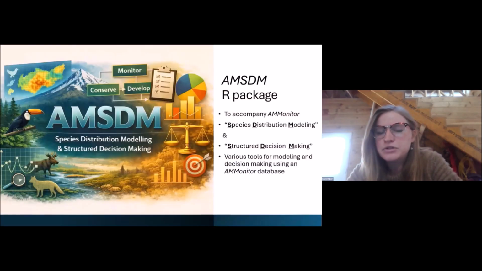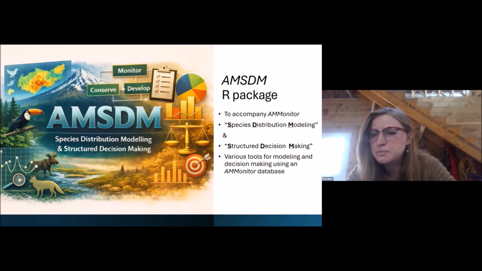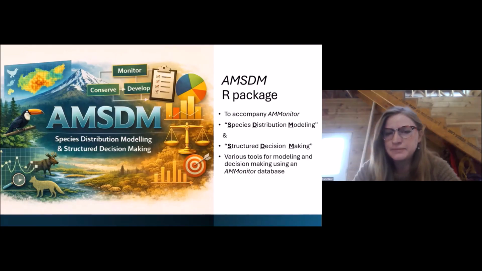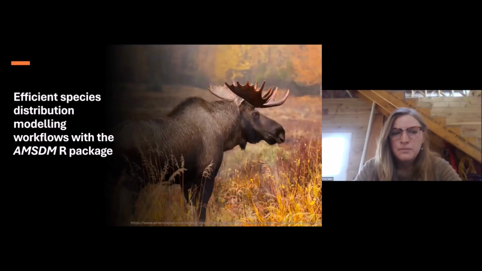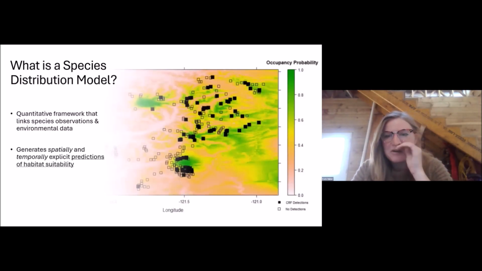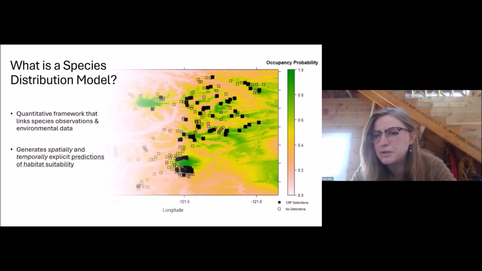So with AMSDM, we're trying to address those problems and come up with effective workflows for species distribution modeling and for structured decision-making using an AMMonitor database. For species distribution modeling, which, just a reminder for anyone who needs it, is linking species observations to environmental data to get predictions of habitat suitability across a landscape.